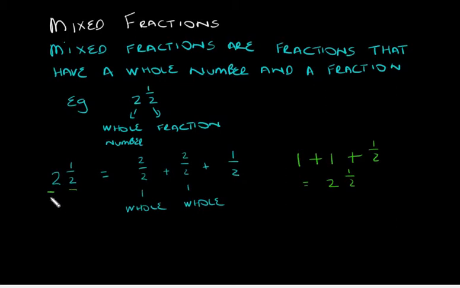So what we do is we say 2 times 2, and then you add the 1. 2 times 2 plus 1 will give you 5. So your answer will be 5/2. Why? Because 2 times 2 is 4, and 4 plus 1 is 5. So when we convert 2 1/2 to an improper fraction, the answer would be 5/2.